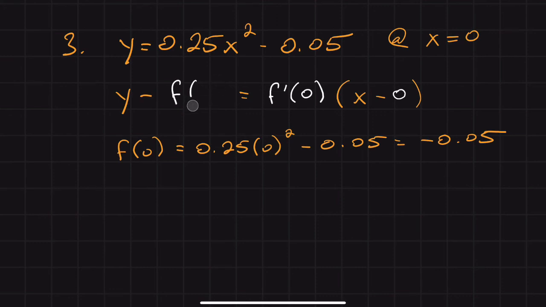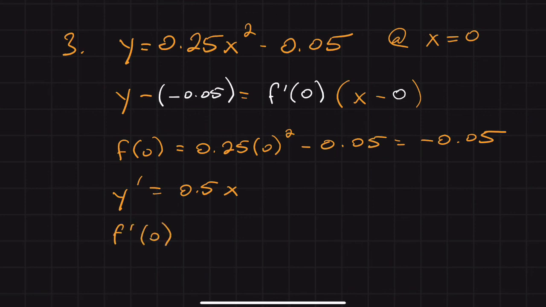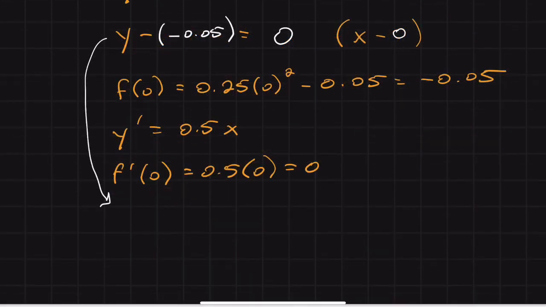We can replace f of 0 with negative 0.05. Y prime would be 0.5 times x. So then f prime of 0 would be 0.5 times 0, which is 0. So replace f prime of 0 with 0. If we simplify that equation and solve for y, we would find that y is equal to negative 0.05.